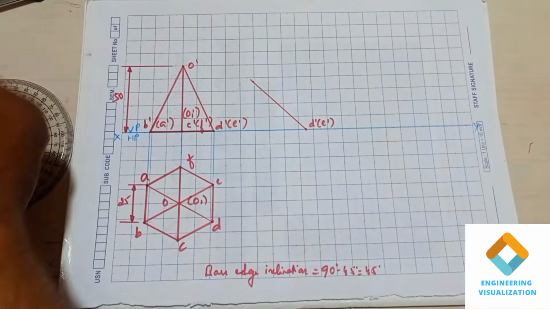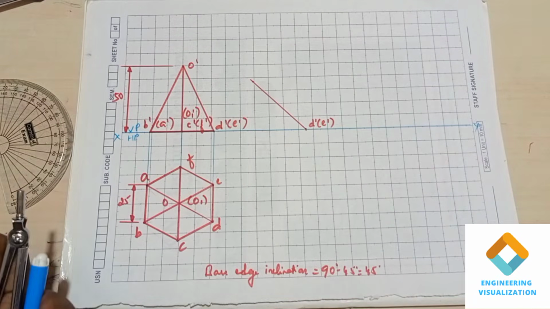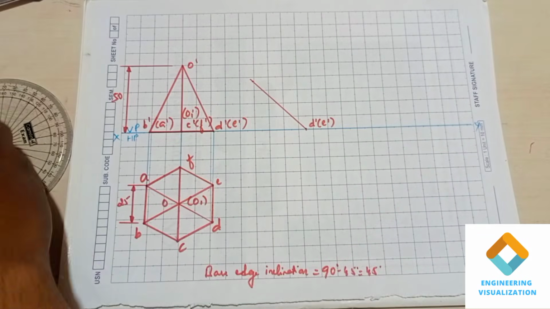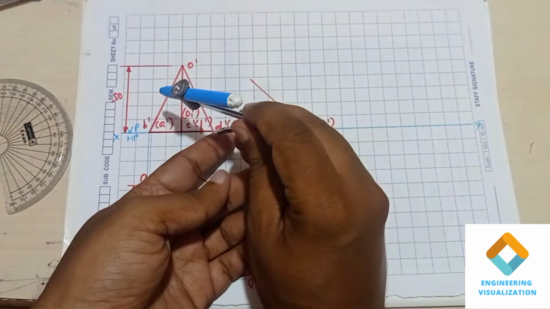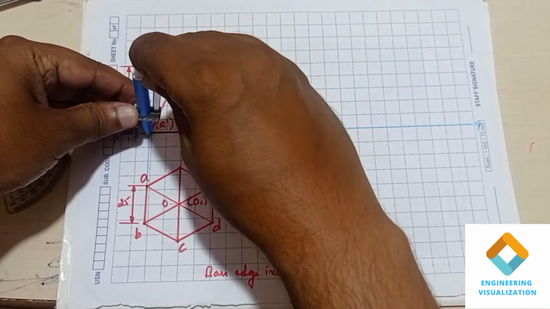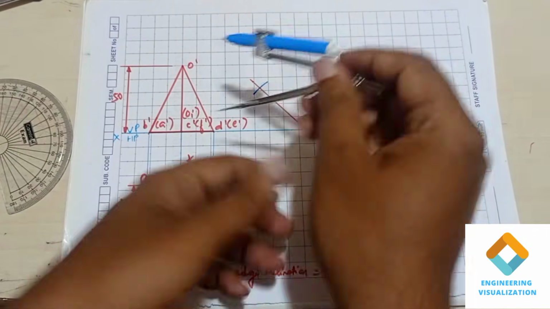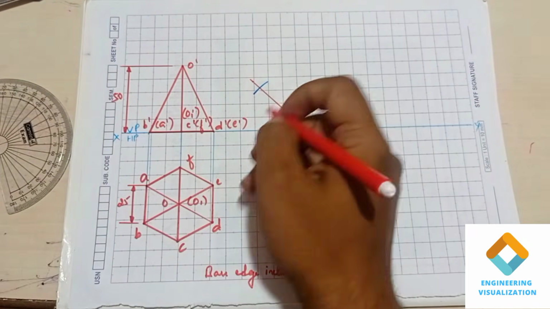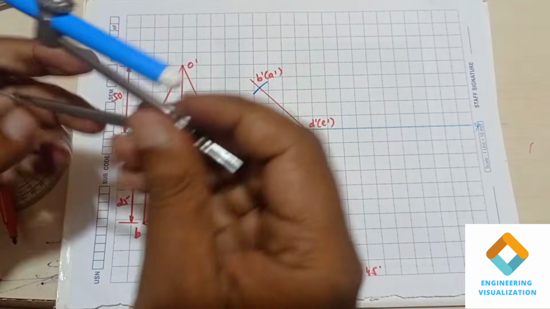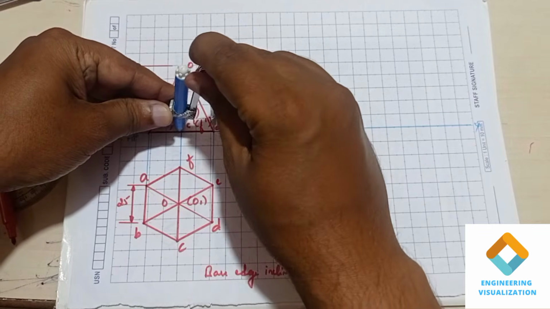Okay, take a compass and cut the arc from D dash to B dash. That is your first arc, and give the naming B dash and A dash, and second arc from D dash to O1 dash.